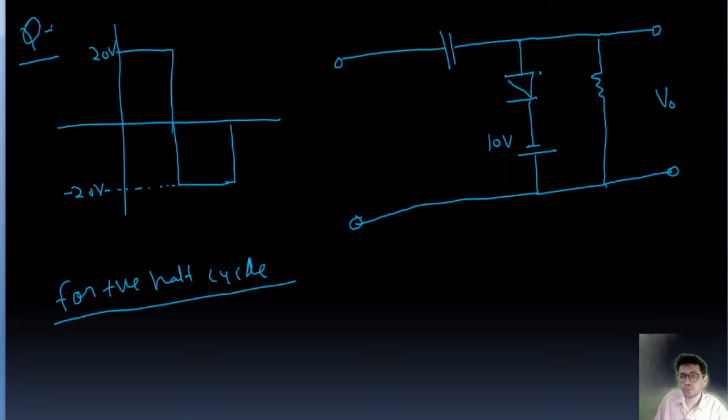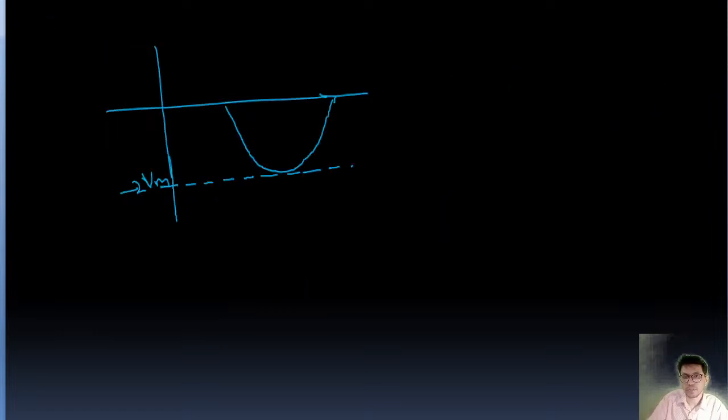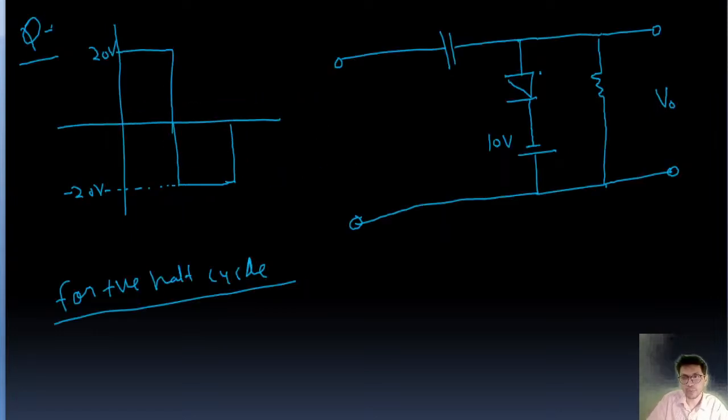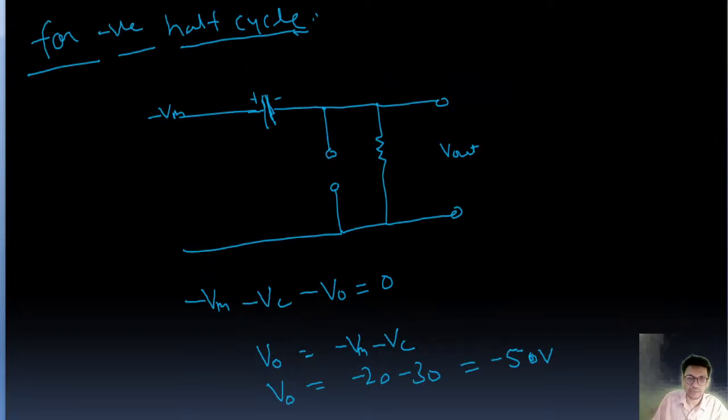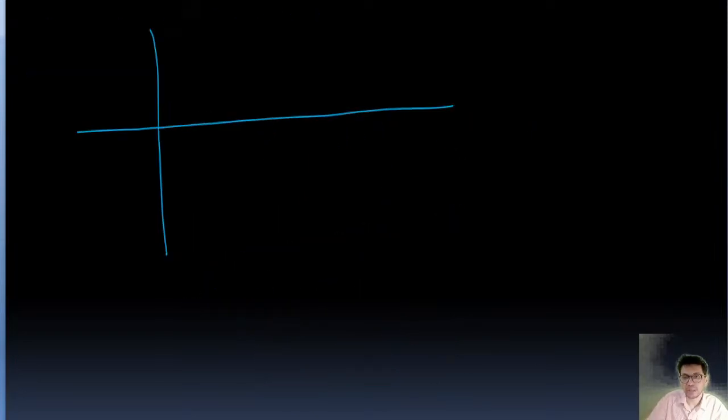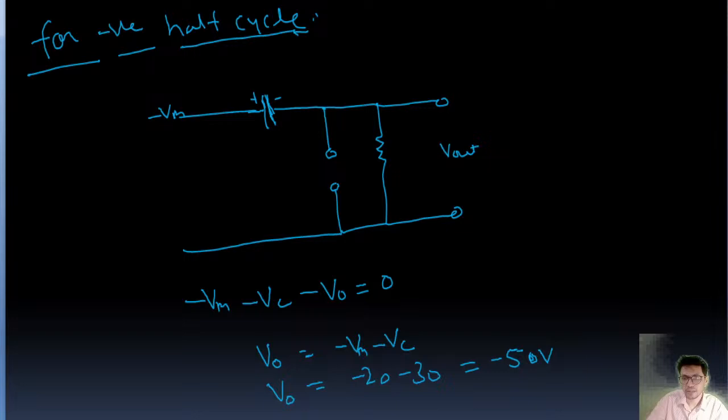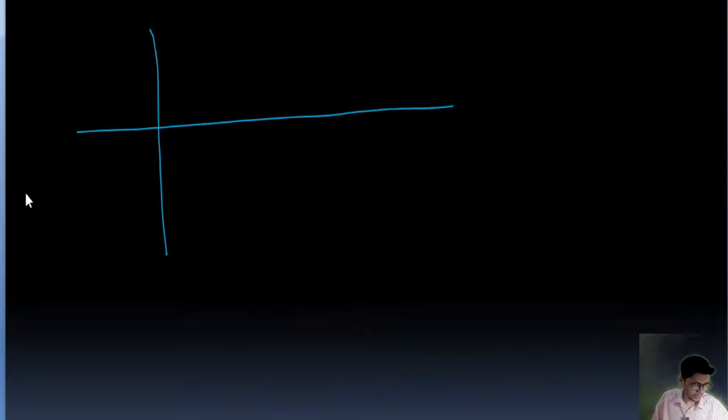Because here, in this case, we can see that for the positive half cycle V output is minus 10 volt, and for the negative half cycle V output is minus 50 volt. So the output waveform is going to be like this. This is minus 10 volt.